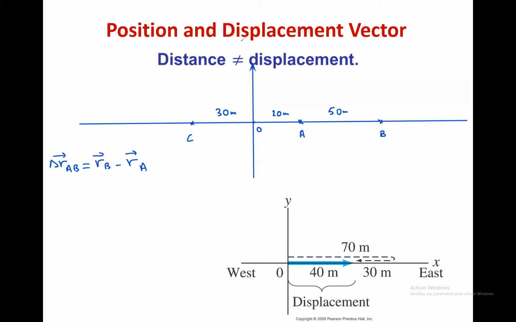Let us draw geometrically this position vector. So RA, the position vector, comes from O to A, and RB, it's a vector from O to B. This is RB, and this is R. The red color is RA.